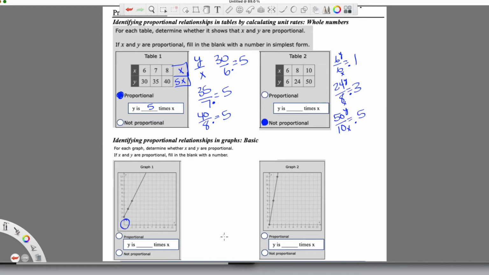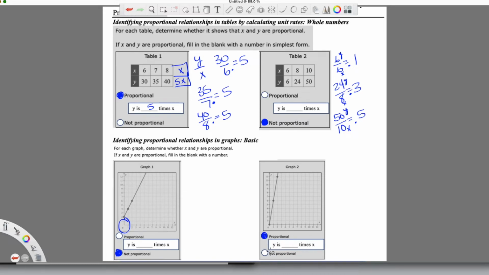That's the main requirement there. So as soon as I see that it's not passing through 0, 0, right here, I'm going to say it's not proportional, and I'm going to move to the next one. I do not need to check each coordinate here. This one does pass through 0, 0, and it is a straight line, so it is proportional. I know that already. What I have to find out is what do I need to multiply x by to get to y each time.